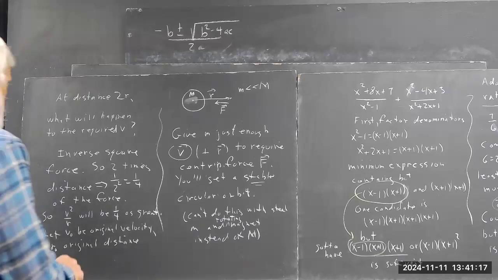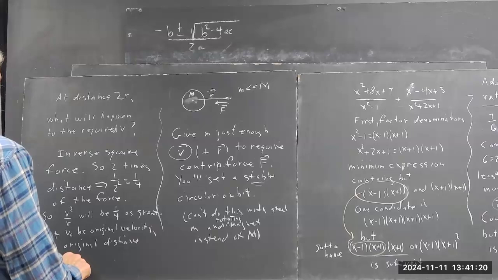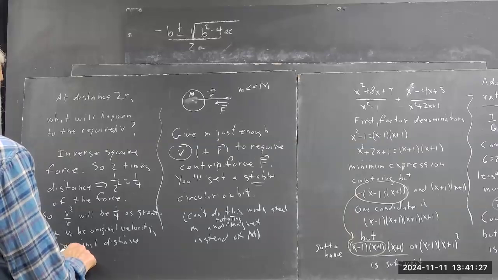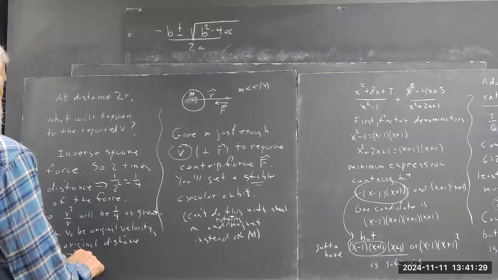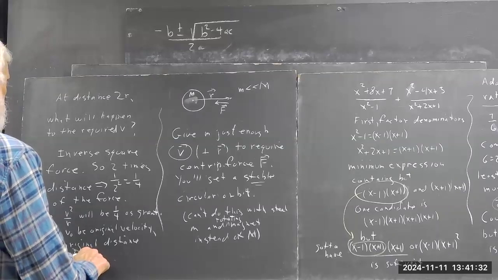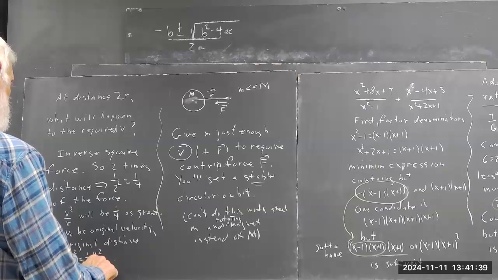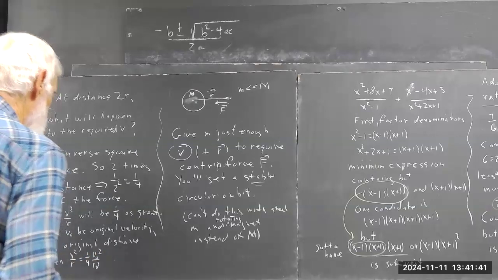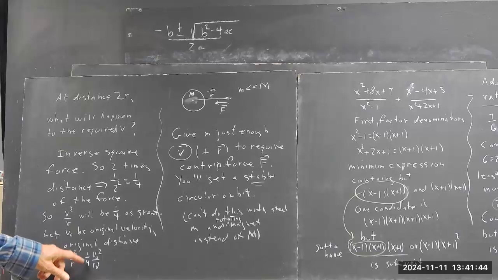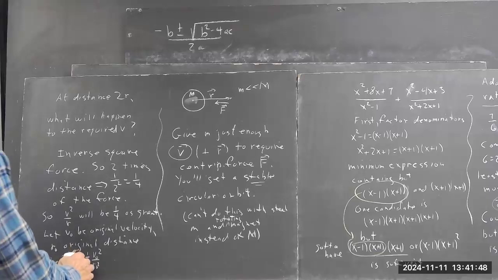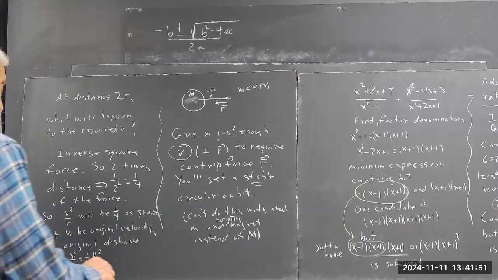Well, we could write an equation like v squared over r is 1/4 v naught squared over r naught squared. Okay, we call that v1 maybe and r1.